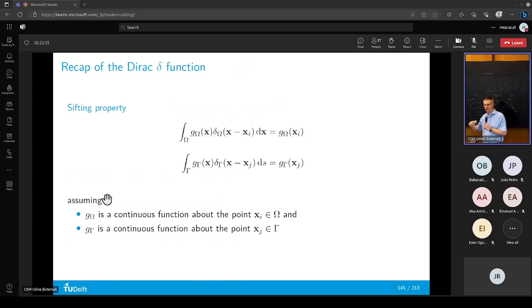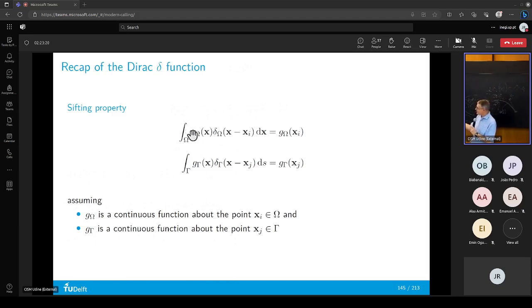Collocation, if you want to derive it formally as a weak form, comes from the Dirac delta function and a special property called the sifting property. Maybe it's just a fancy name for something you know. If you have a function g that has to be continuous around the point xi, you multiply it by a delta, where the delta is the test function, and integrate over it.